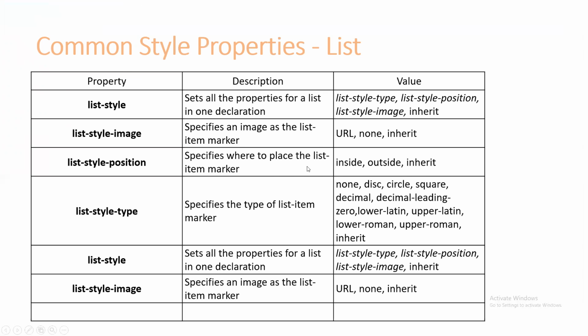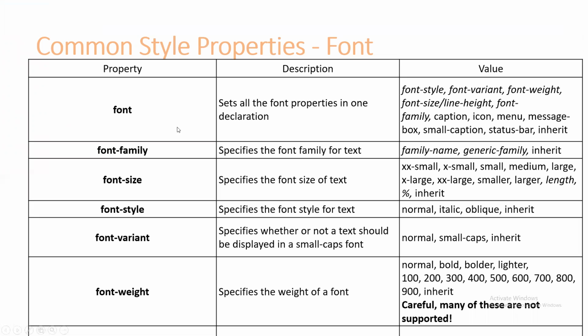So let's move forward. The font property, I think we mostly discussed this. So let's see font. Here we can set the font style, font weight, font size, then caption, icon, menu. These properties we can say apply to the font property. Font family, here we specify the font name. Whatever fonts are available in our Microsoft Office, we can apply to the font family.